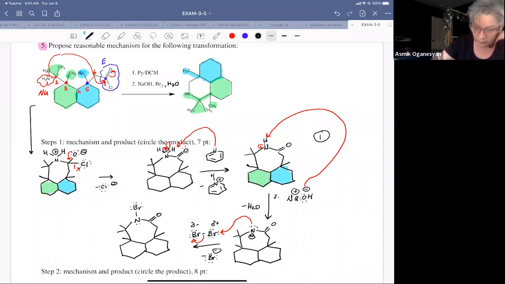Let's move electrons through resonance delocalization onto the oxygen. This one is just a resonance delocalized structure, so there is no reaction there.